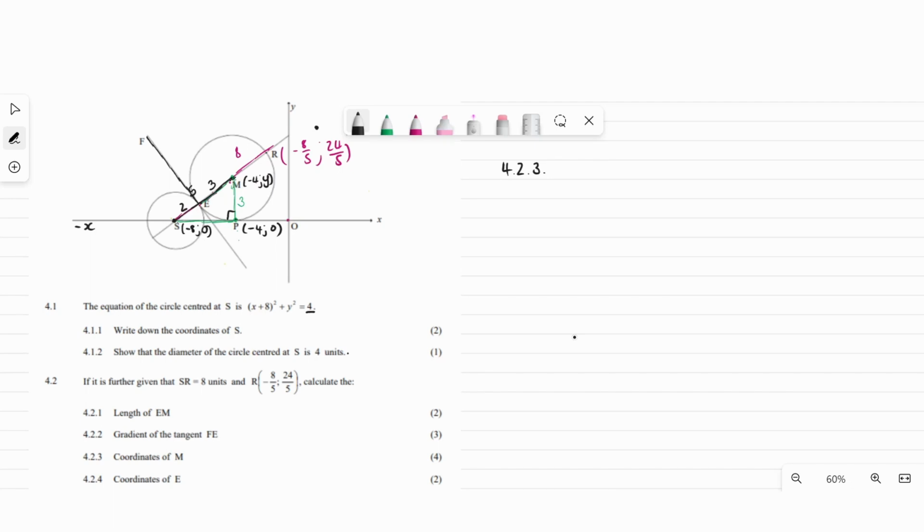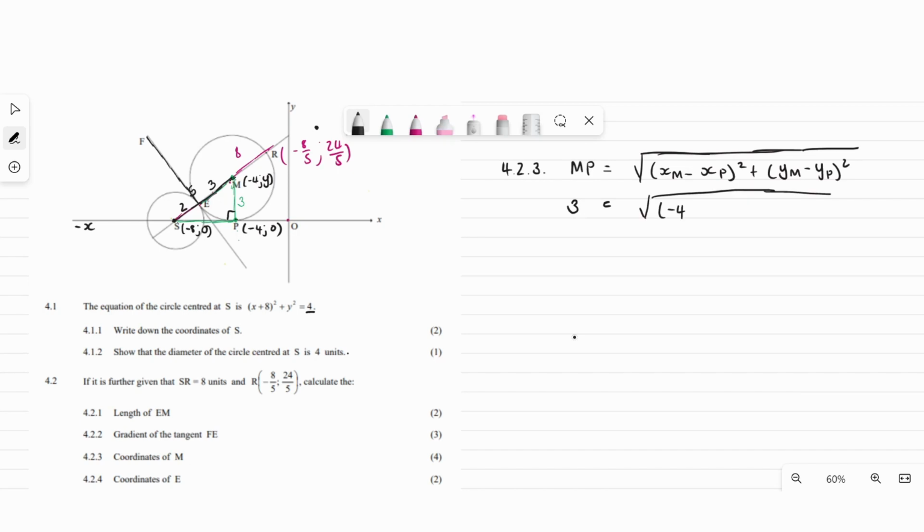So let's do that. We're going to find the distance, which is the square root of, then you substitute your values. We know the fact that MP is equal to 3, right? Then substitute your values. So x of M is negative 4, then x of P is negative 4, all squared, plus y of M, which is just y because that's what we're looking for, minus y of P, which is 0, squared.